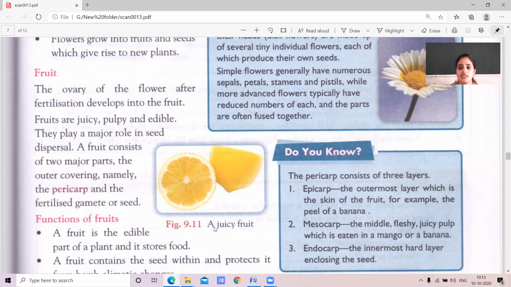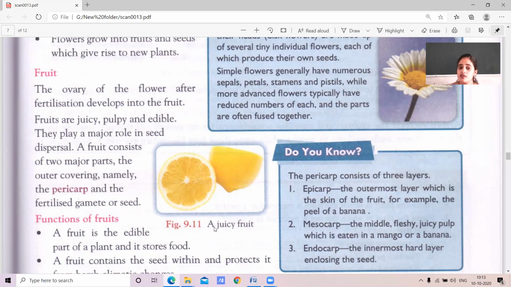The fruit is juicy, is it? Pulpy and edible. They play a major role in seed dispersal. Inside the fruit, we can see the seed. Yes. The fruit consists of two major parts.